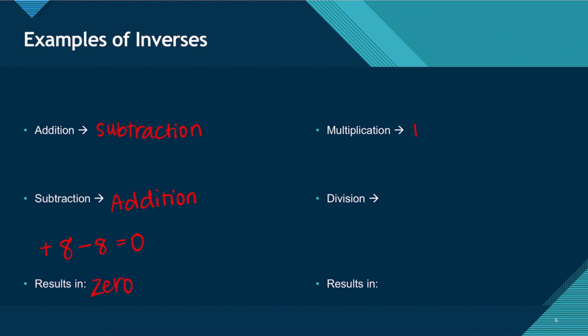Whereas multiplication and division are also inverses. If I multiply something by 5 and then I divide it by 5, I will end up canceling them out. Multiplication, yep, that's how you spell it. And this results in 1 instead of 0, because if you multiply something by 5 and then divide it by 5, it comes out to be 1 times whatever you started with.